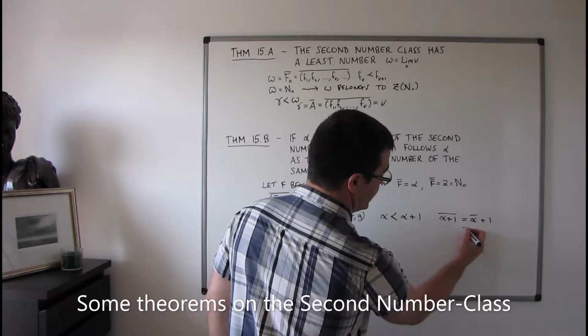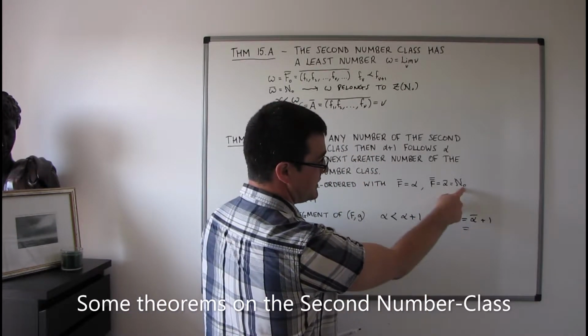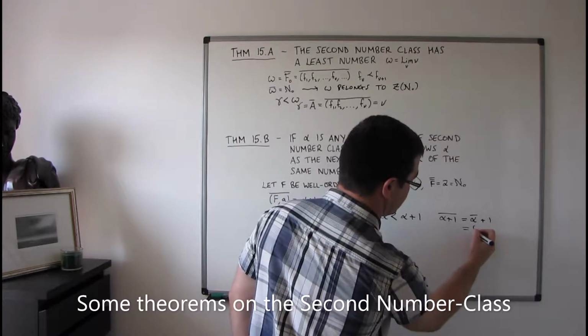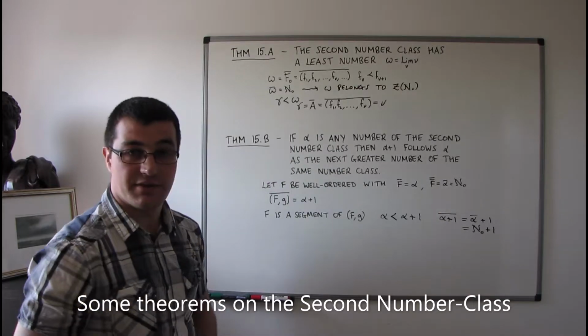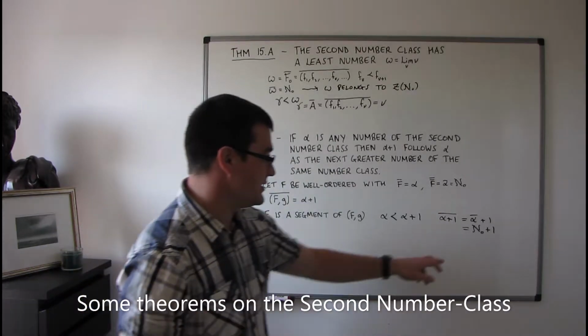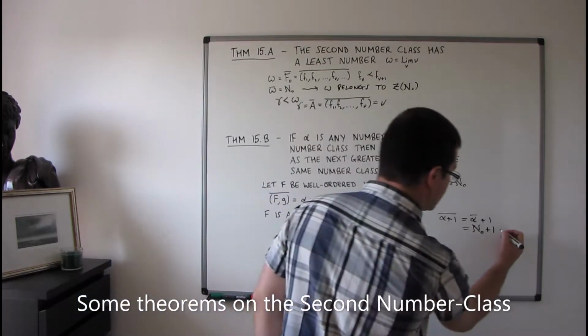And we know that the cardinal number of alpha is equal to LF0. But what I showed, I think it was the second video that I made, is that LF0 plus 1 is just equal to LF0.